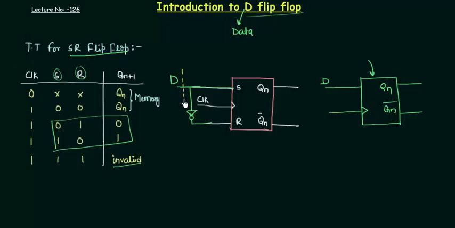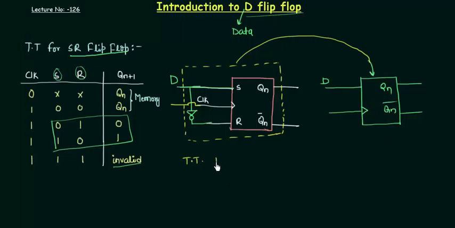If I hide this circuit and take my clock out, so you can say that this circuit is inside this box. Now this is how we will make a D flip-flop. It's time to move to the truth table for the D flip-flop.